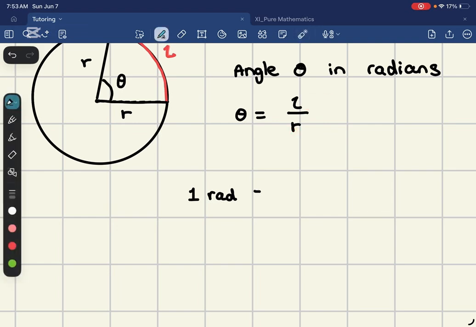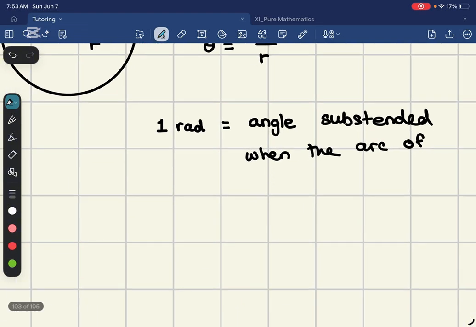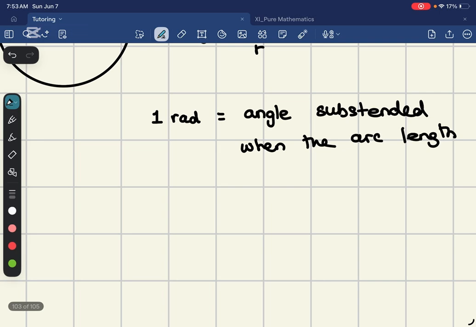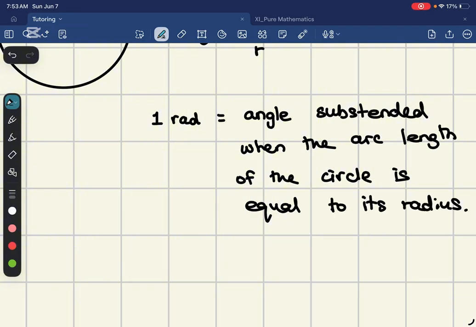So 1 radian is the angle, which is this theta, subtended when the arc length, which is this curved L of the circle, is equal to its radius. So that is going to be 1 radian.